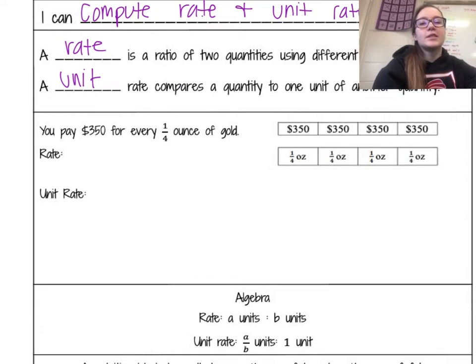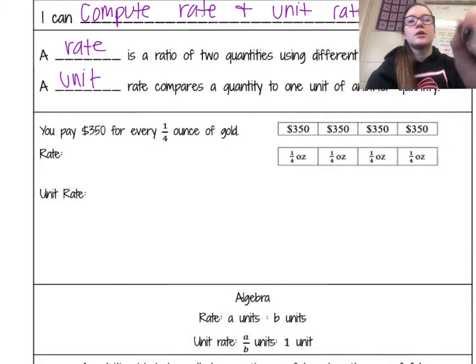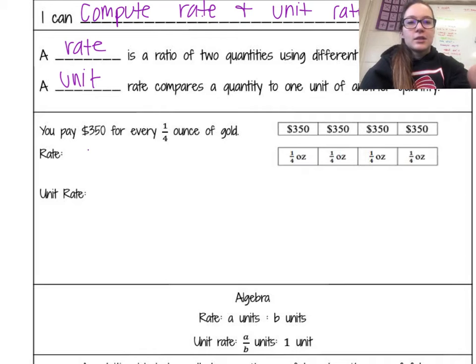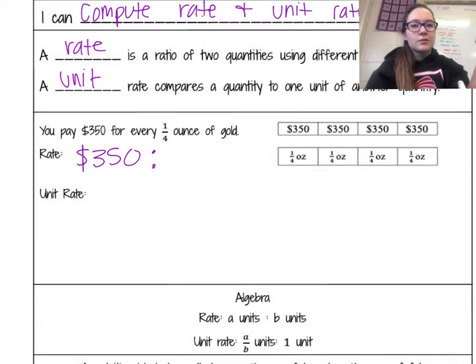So in this example, it says you pay $350 for every 1/4 ounce of gold, okay? So the rate is 350 to 1/4 ounce.